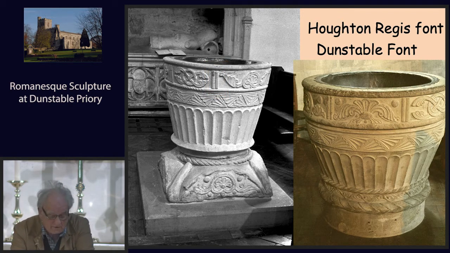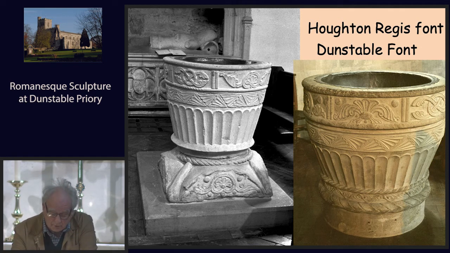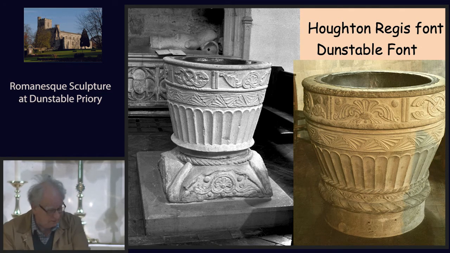The dot ornament is the same, the fluting's just the same. So it looks as if George Somers Clarke, looking for some guidance to make some sense of the fragments he had found, had a model close at hand.